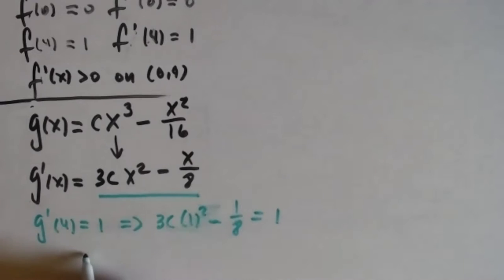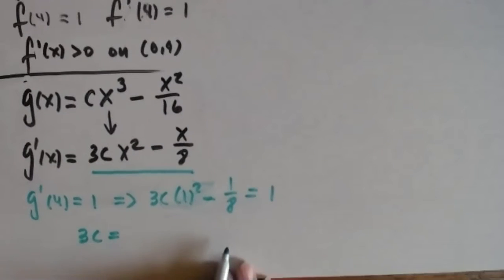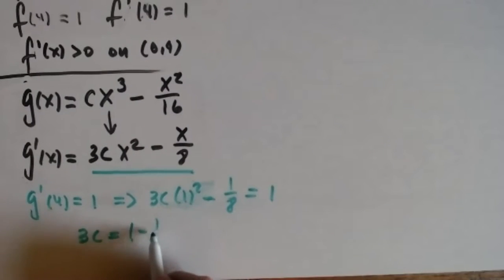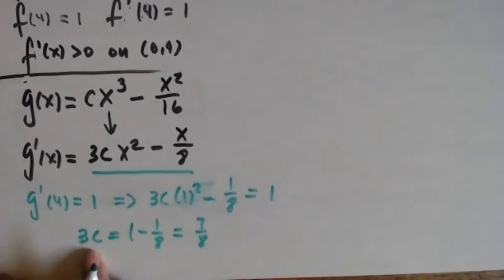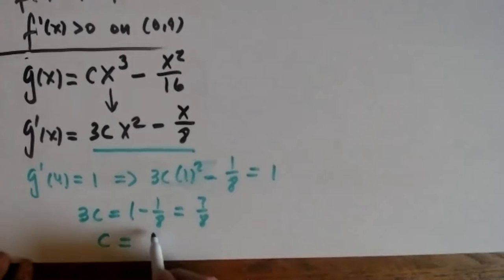You move this to the other side, so you have 48c equals 1 minus 1/2, and you divide, you get c equals 7 over 24.